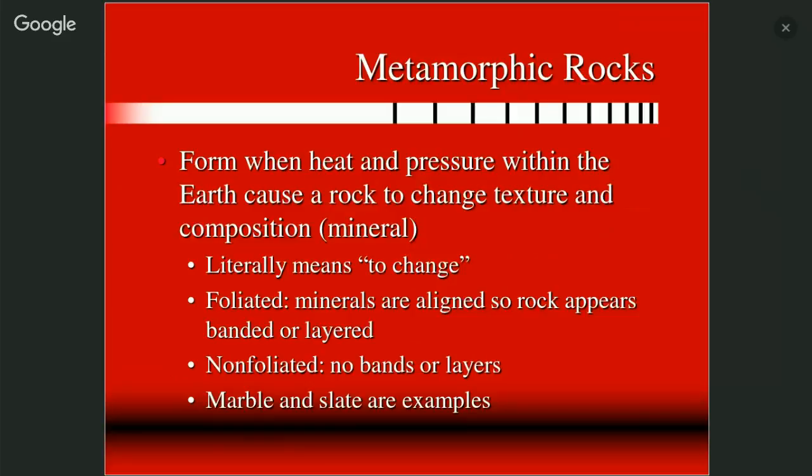There are 2 different ways that we can classify metamorphic rocks. We can classify them as being foliated or non-foliated. If they're foliated, the minerals look like there are some layers in there, or they might look like they have some bands. Non-foliated metamorphic rocks are not going to have bands or layers.